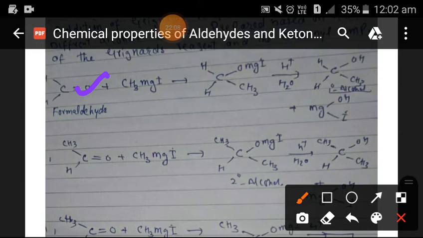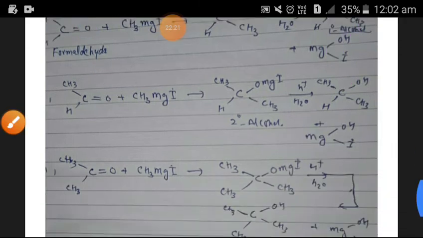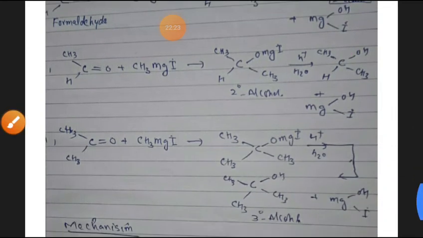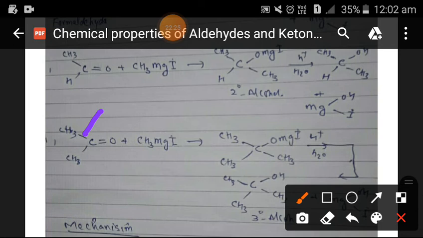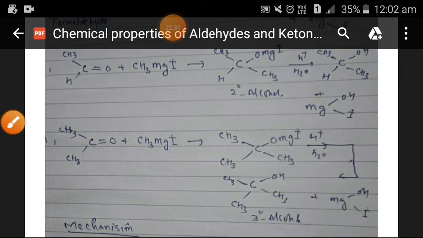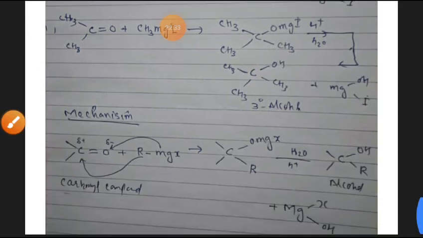When we use formaldehyde, primary alcohol formation takes place. Similarly, with acetaldehyde, secondary alcohol is formed. Similarly, if we take a ketone, the formation of tertiary alcohol takes place. Clear? The mechanism of the reaction is like that.